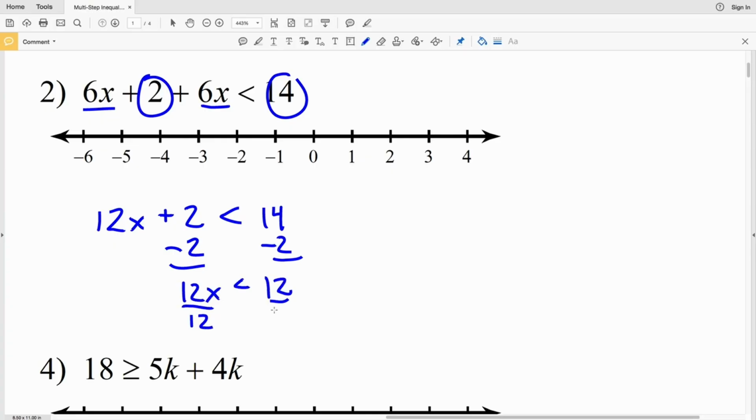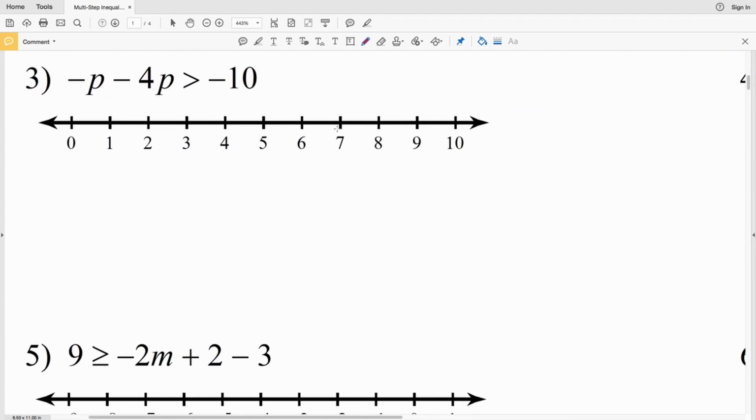Dividing by 12, we will get that x, since 12x divided by 12 is 1x, which is x, is less than 12 divided by 12, which is 1. That's the solution to this multi-step inequality. So now let's graph. Circle the 1, not filling it in, but shading everything to the left.